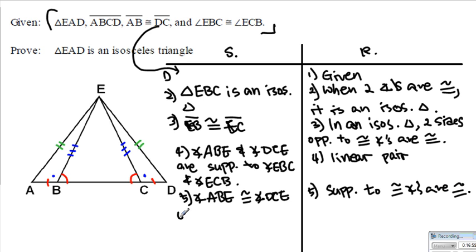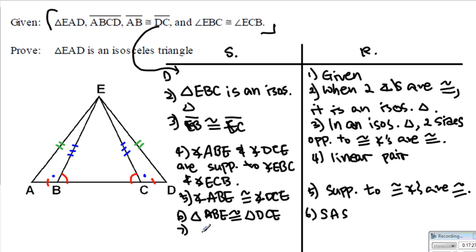Now, number 6. It seems like we have all the conditions now to say those two triangles are congruent. Triangle ABE is congruent to triangle DCE. Number 6 is because of side angle side.